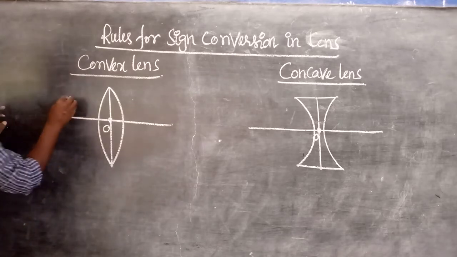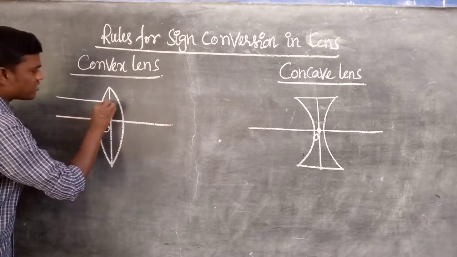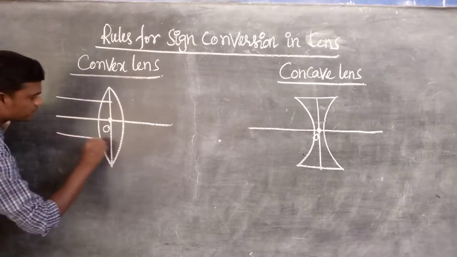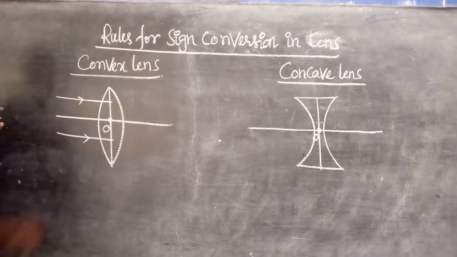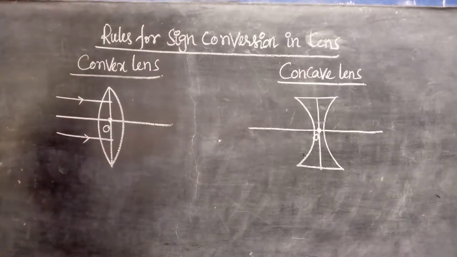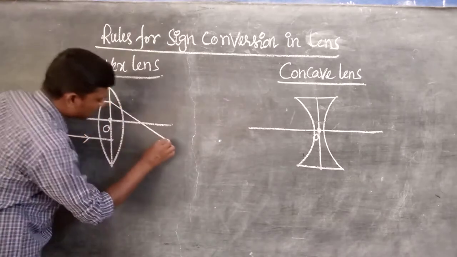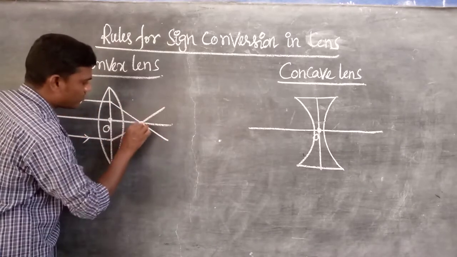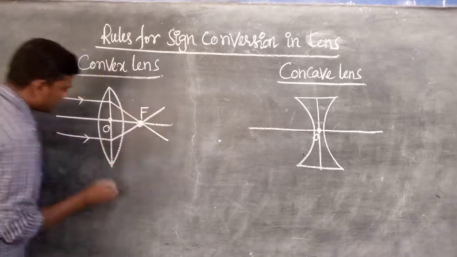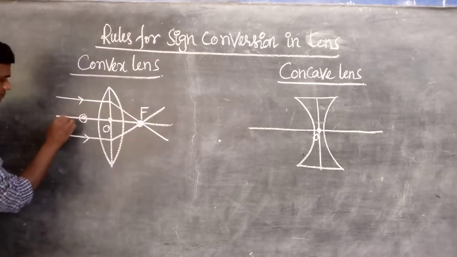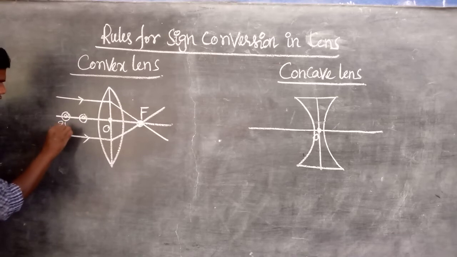If the object is placed at infinity, then based on that concept we easily understand that after refraction the rays pass through the focus, F2.